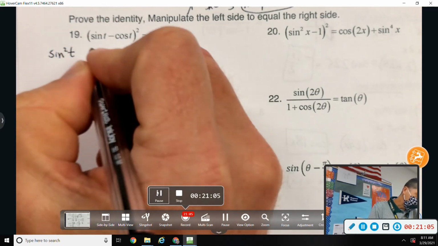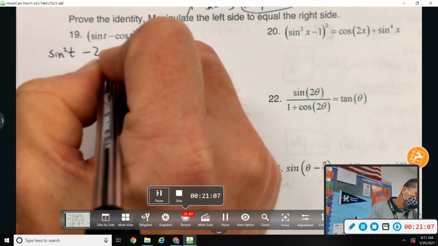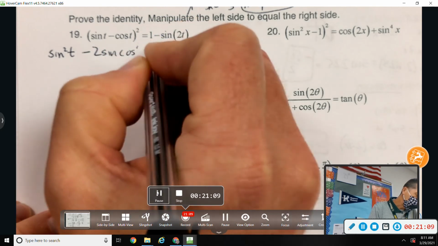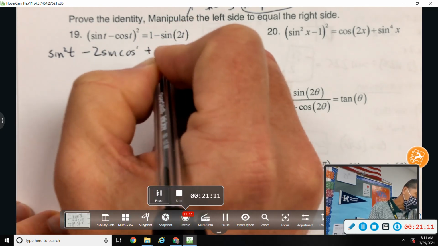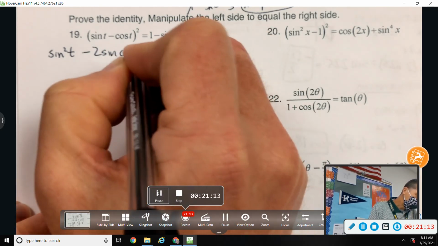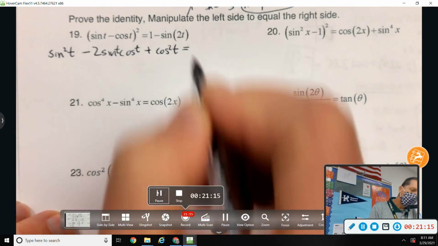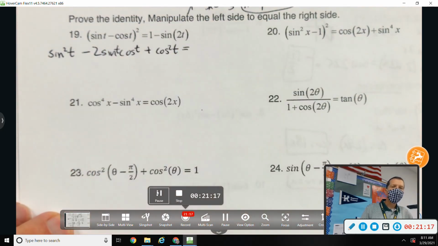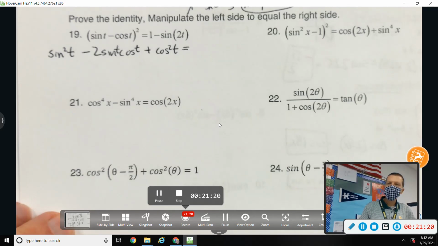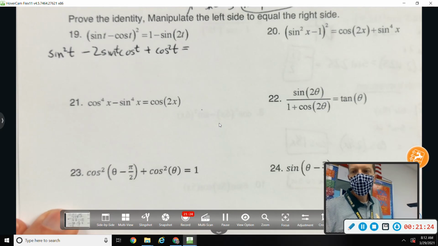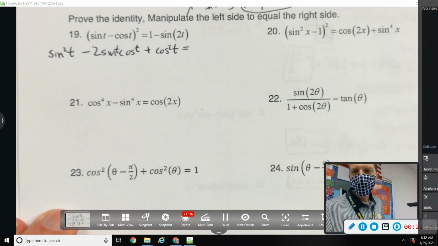Sine squared minus 2 sine cosine plus cosine squared. Oh, this, I think, is a little easier now. Whoops, now you don't have it at all. What's sine squared plus cosine squared? 1.